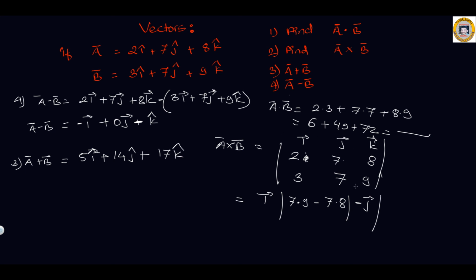Now it's 2 times 9 minus 3 times 8, plus k. Now I will have 2 times 7 minus 3 times 7. So on calculating this, you will find the vector product of the two vectors a cross b.